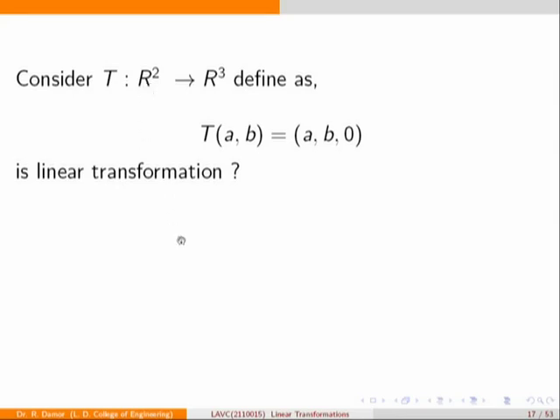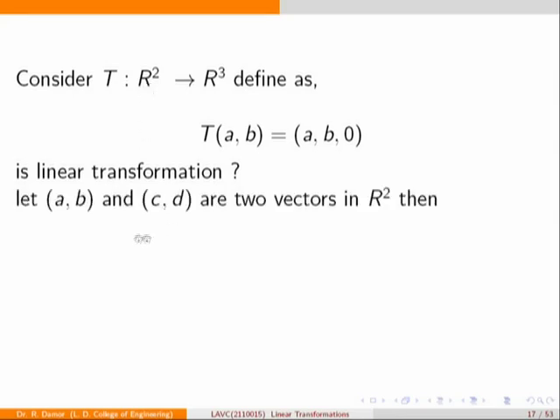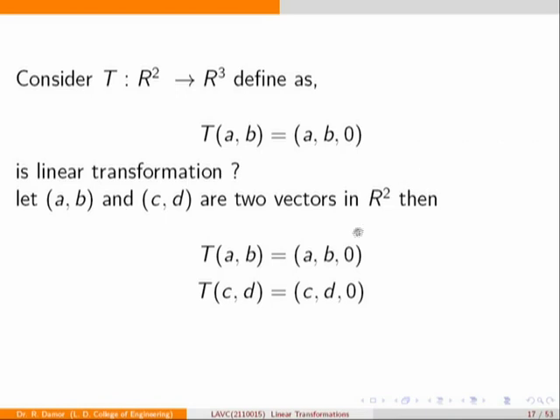For the additive property, what do I have to take? Let (a, b) and (c, d) be two vectors in R2. So I can take these two vectors. Their images: T of (a, b) is (a, b, 0) and T of (c, d) is (c, d, 0).